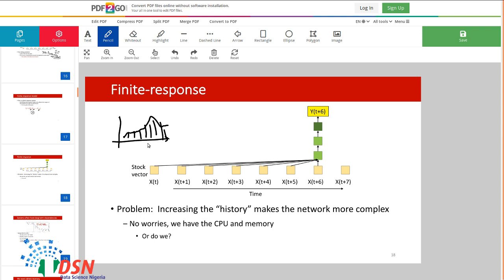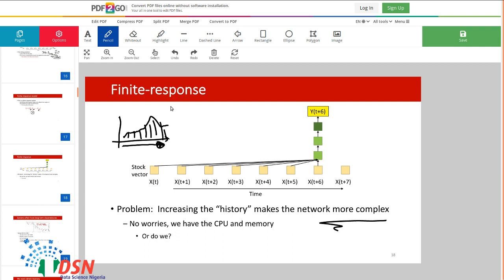So let's say you want to make your history larger, or predict the current value based on more values from the past and consider more history. In that case, you should have a more complex network, because it should be able to handle these 7 different outputs.